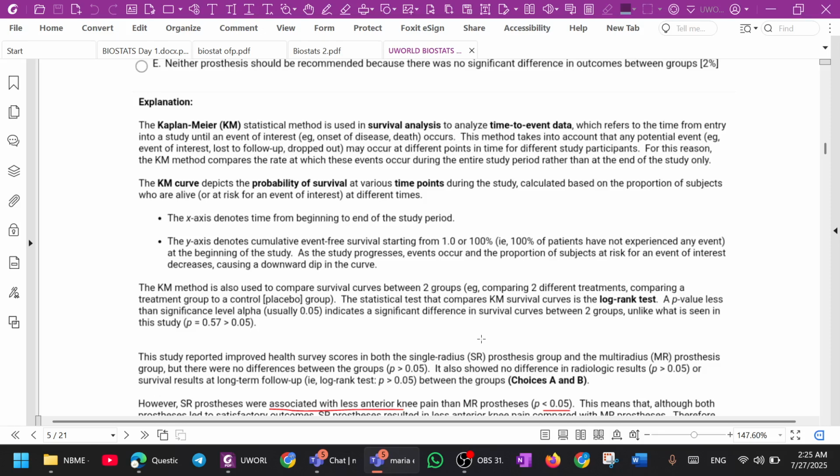As the study progresses, events occur and the proportion of the study population at risk for an event of interest decreases, causing a downward dip in the curve.